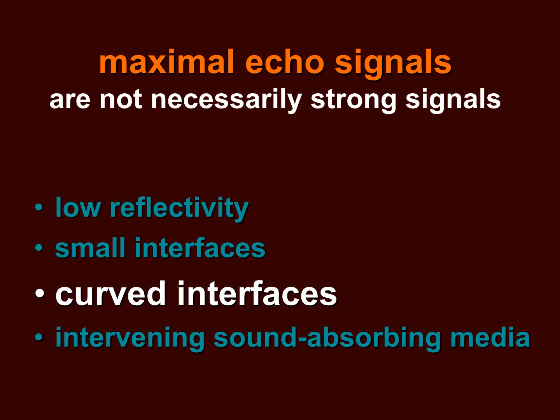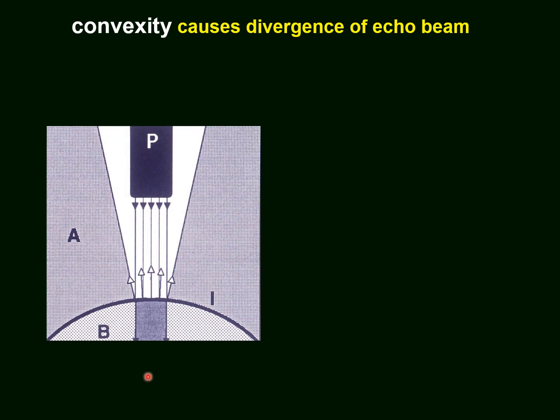And now we come to an important chapter, the behavior of curved interfaces, because we are dealing with curved interfaces in the eye orbit all the time. When the beam is aimed perpendicularly at a large convex surface like here, the reflected echo beam is divergent, so part of the energy bypasses the probe.